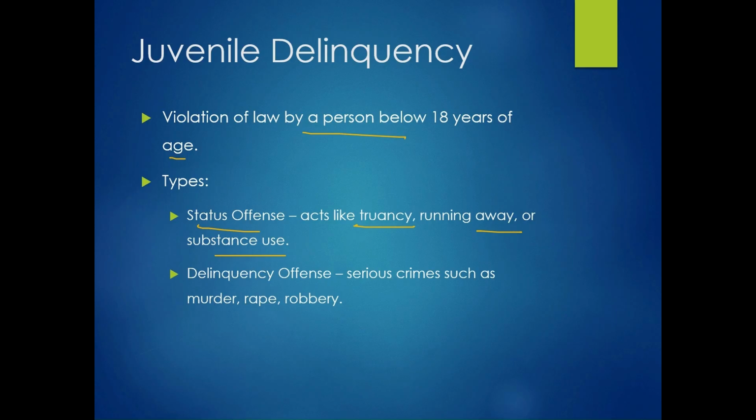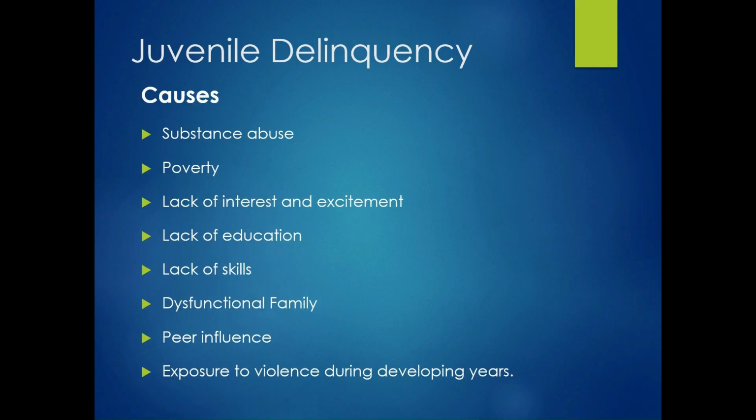Then there are delinquency offenses. These are serious crimes such as theft or assault or murder or even rape. So the causes of juvenile delinquency are varied. So we'll see them one by one.